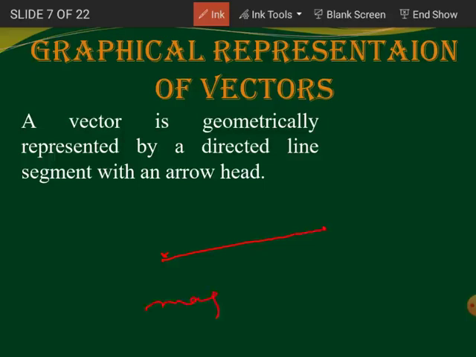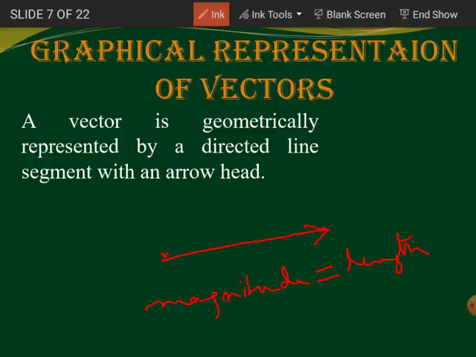The magnitude of the vector quantity will be represented by the length of the line segment. That length will give you the magnitude, and the direction will be given by the arrowhead.